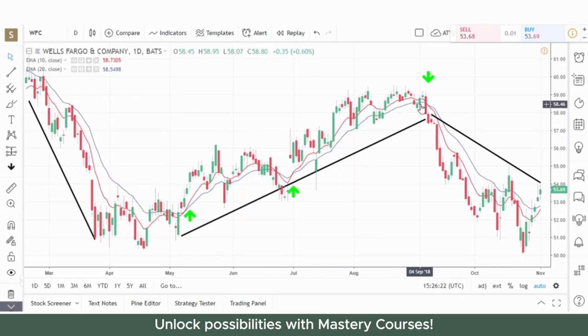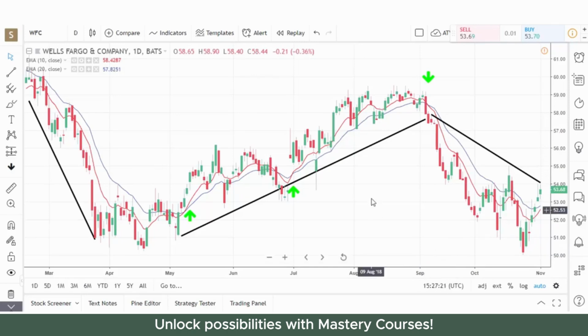So by using two different EMAs, we get a little clearer signal as opposed to just using the single EMA by itself. And as we can see here, the 10-day crossing the 20-day to the downside would have given us a signal that the stock was moving into a downtrend or that we would not want to be long the stock.